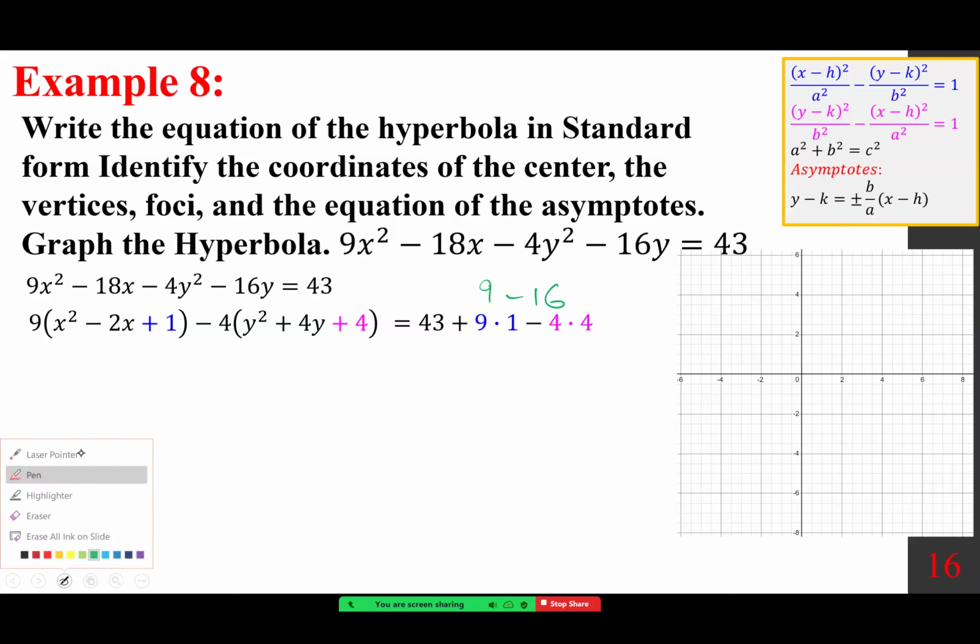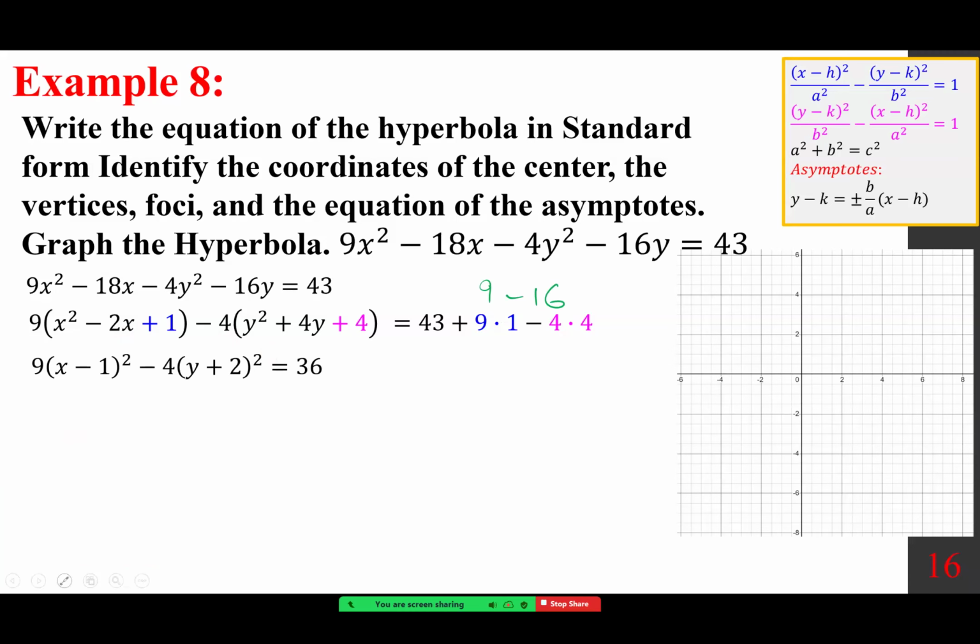On the left side, we have 9 times x minus 1 quantity squared minus 4 times y plus 2 squared. And we are going to divide both sides by the constant on the right, meaning we're going to divide by this number. So we get x minus 1 squared over 4 minus y plus 2 quantity squared over 9 equals 1.